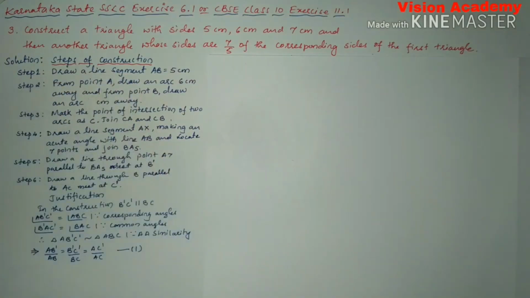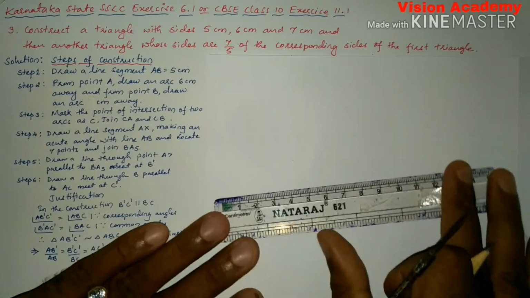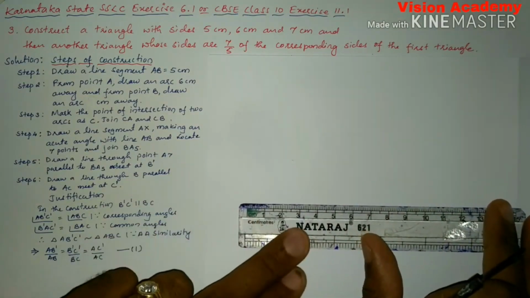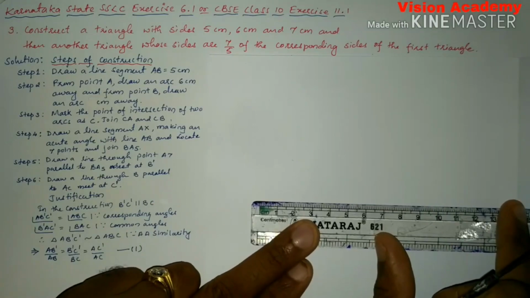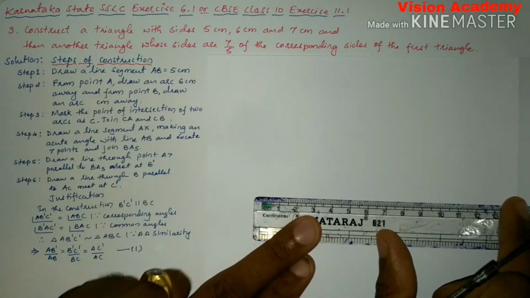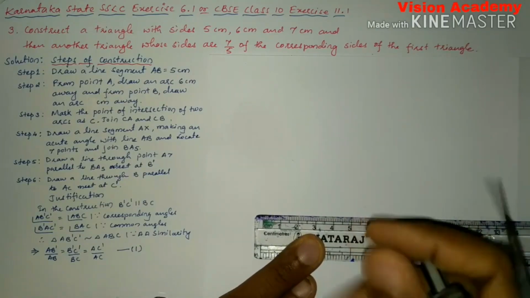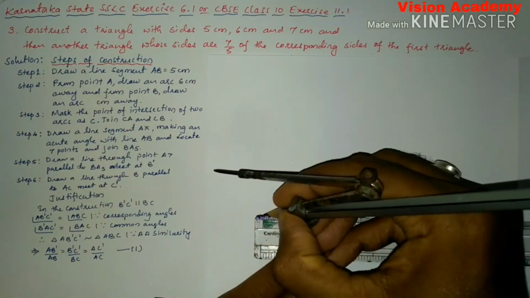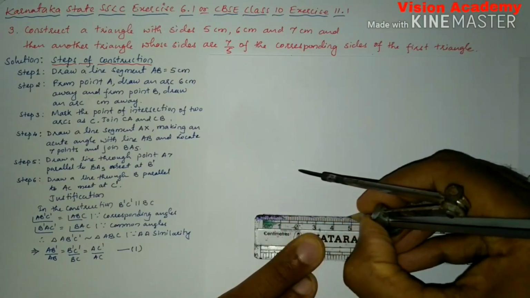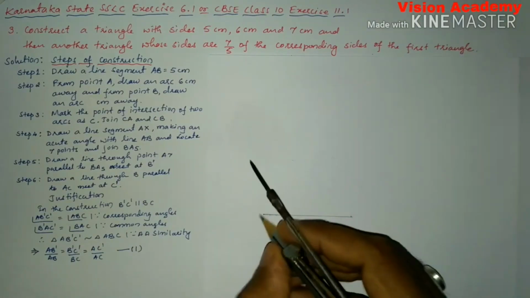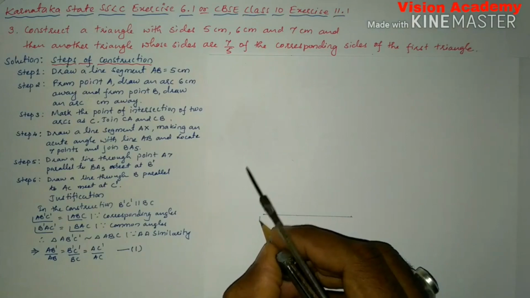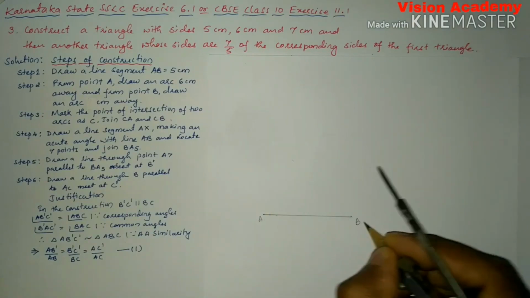First step is draw a line segment AB that is equal to 5 cm. So let us draw a line segment which is 5 cm. So let us name this as AB.